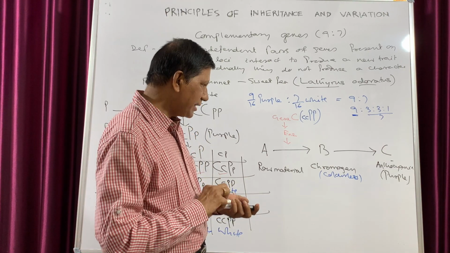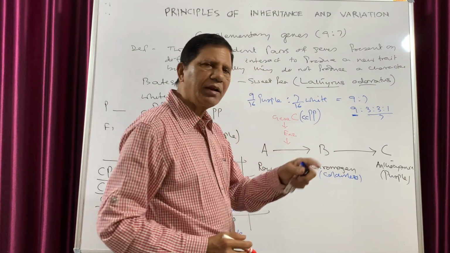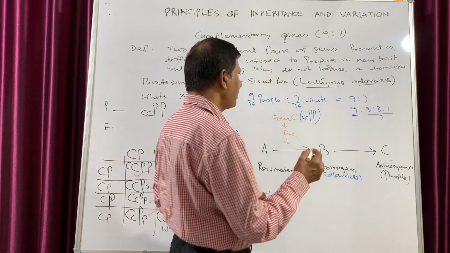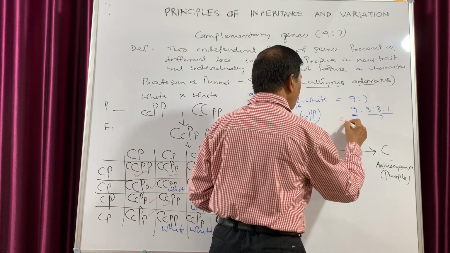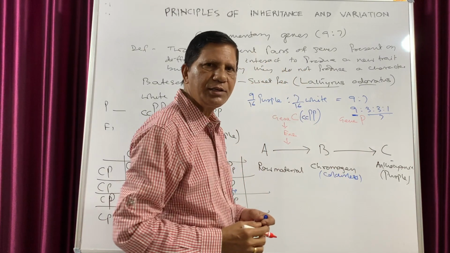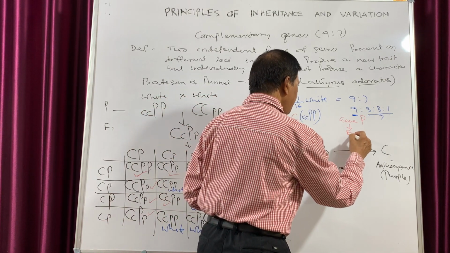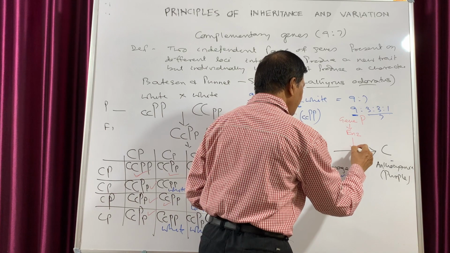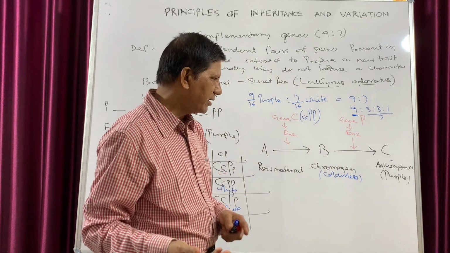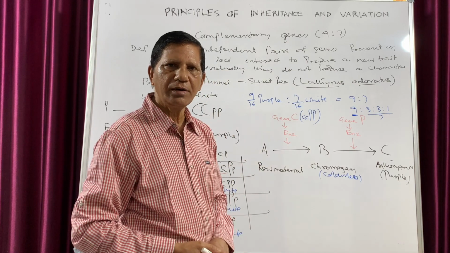Similarly, in case of the other plant, when the chromogen is converted to anthocyanin, it requires the role of another gene, that is here the capital gene P. The capital gene P produces one enzyme, and that converts the intermediate product chromogen to anthocyanin, which is purple in color.